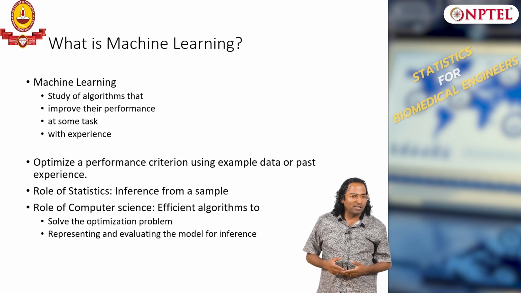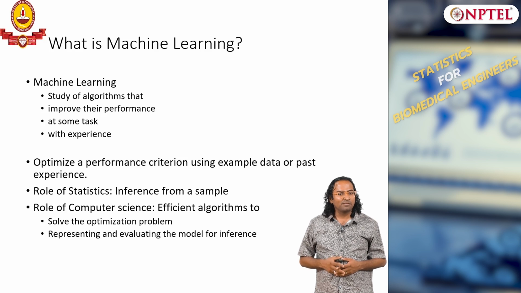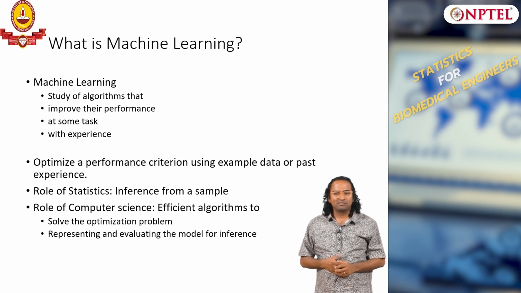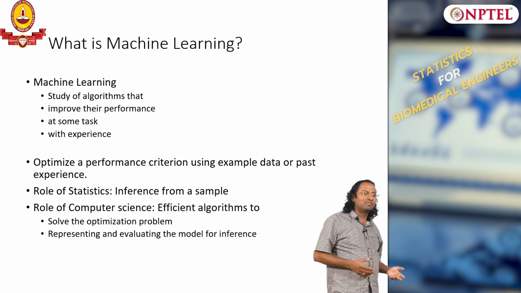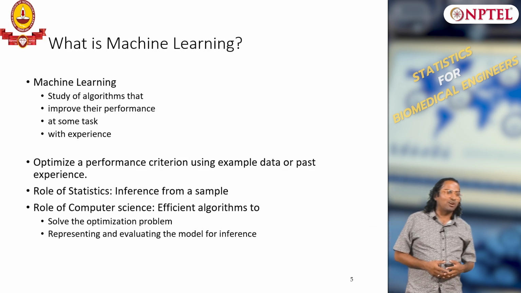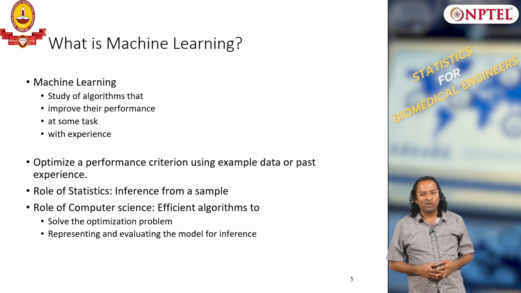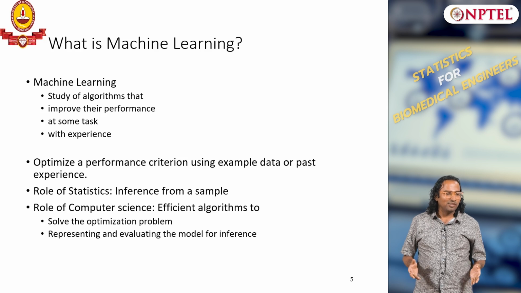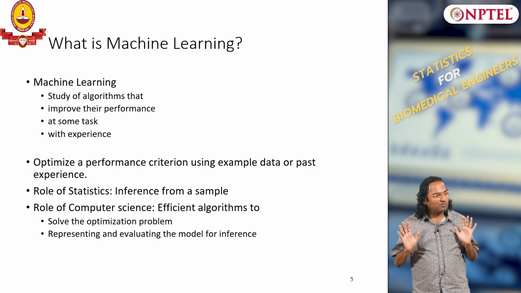How many parameters are there? 150 million parameters. If you want to optimize these parameters or weights without optimizing your algorithm using the science of computation, you will never optimize it, right? So that is where computer science plays a role, clear?